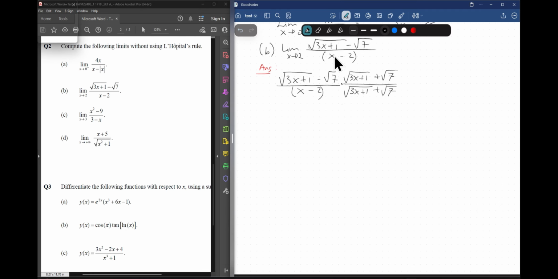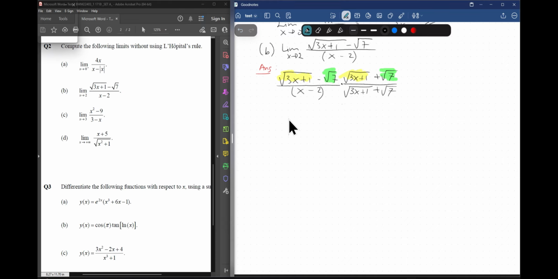Notice that this element is the same as this element, and on this one, the same as that one. If we multiply this with its reciprocal, we cancel the square root sign, but we maintain the negative.